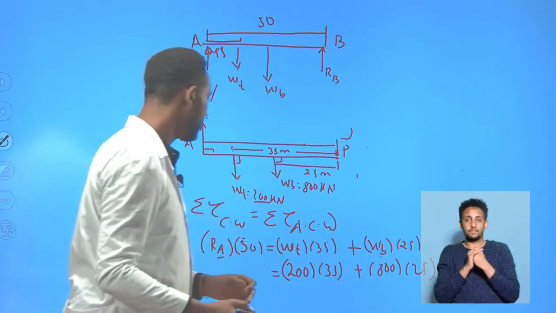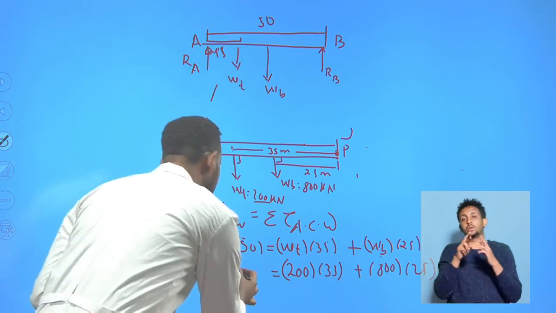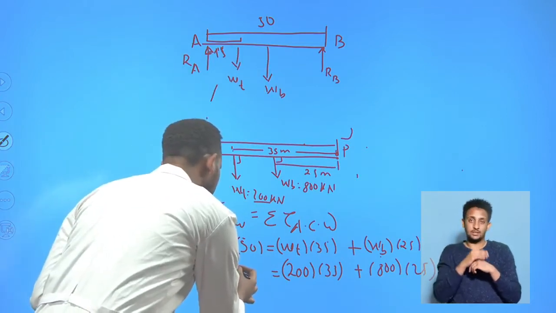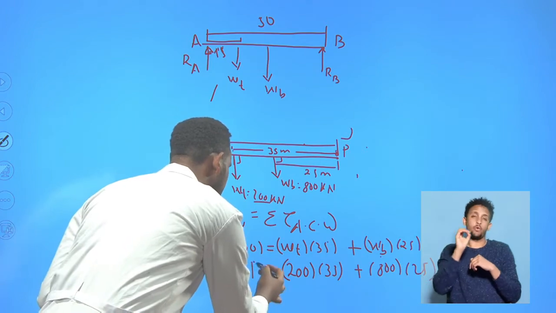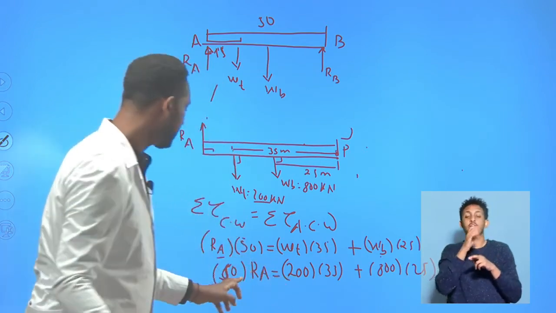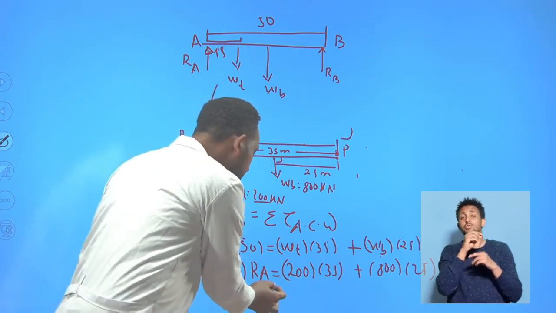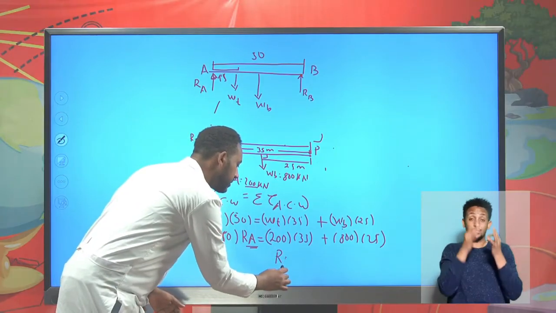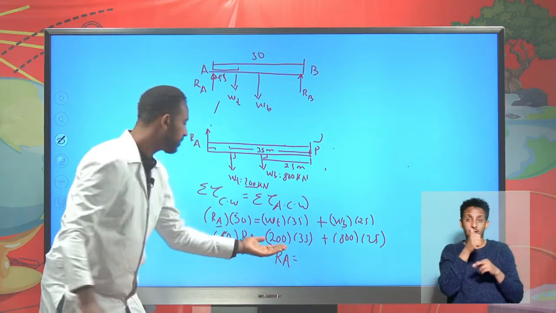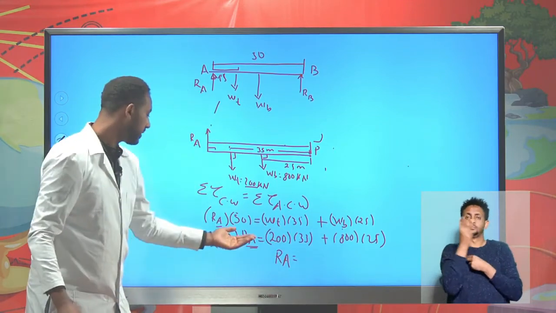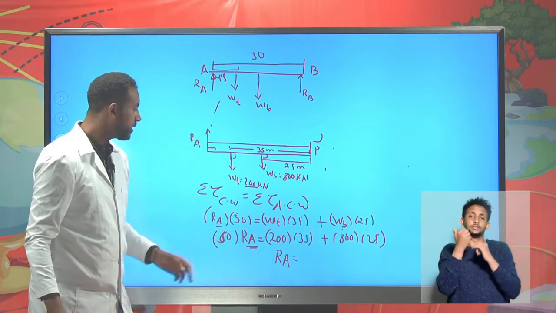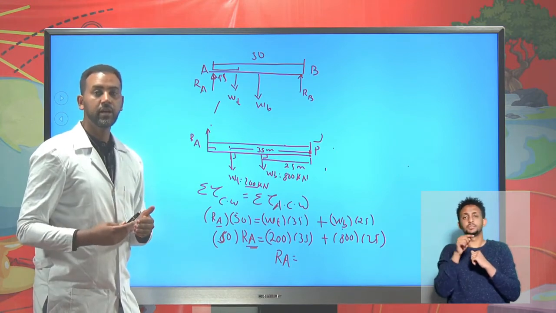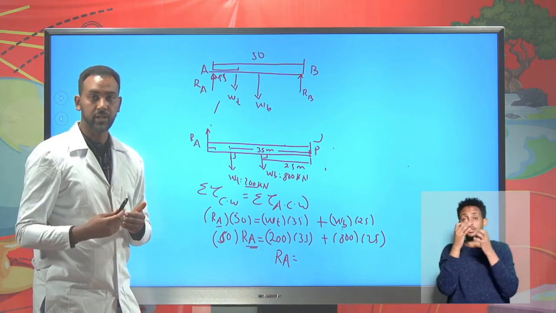Therefore, reaction A times 50. So the only quantity that we didn't know is the reaction at point A. So we can determine reaction at point A by multiplying these two, adding, and dividing by 50.